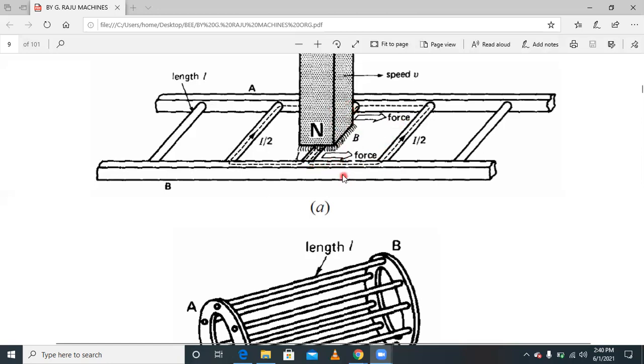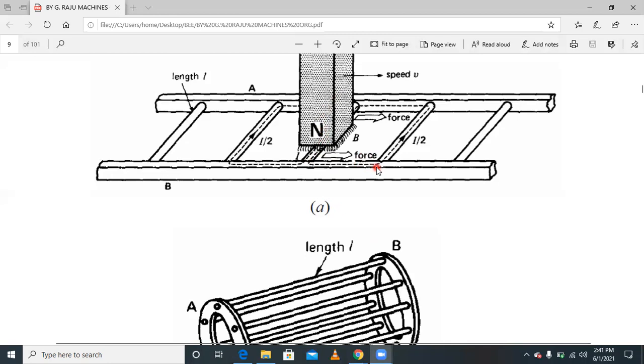If the relative speed between the stator and rotor decreases, then the induced EMF and the current also decrease. If the stator rotating magnetic field and the rotor are rotating at the same speed, the relative speed between the two is 0. Then the induced EMF is 0, the current is 0, and the force acting on the conductor is also 0.